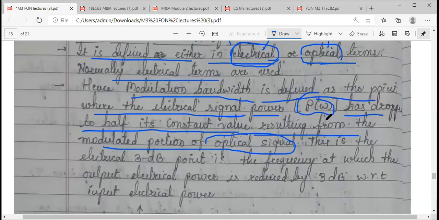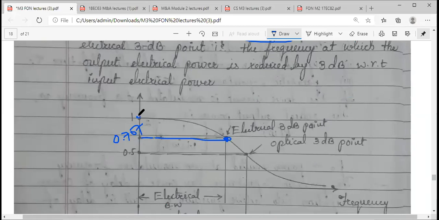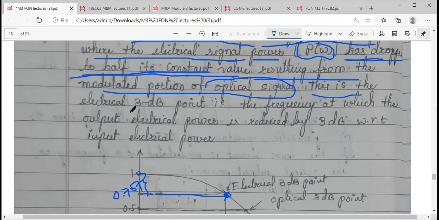So here in the words I have mentioned, it has dropped to half of its constant value. The value is 1, so it has dropped to half. Half in the sense of power, 1 by root 2 times, 0.707, where it is dropped down by 3 decibels. This is the electrical 3 dB point.